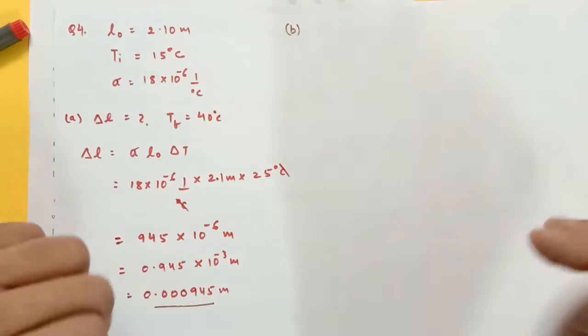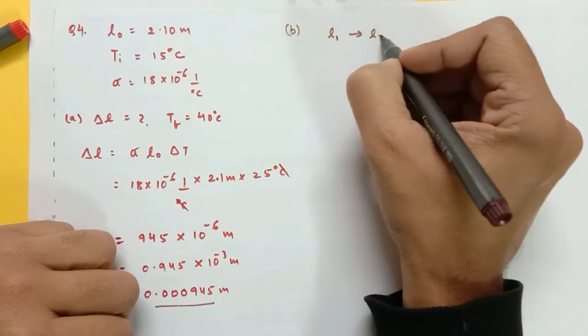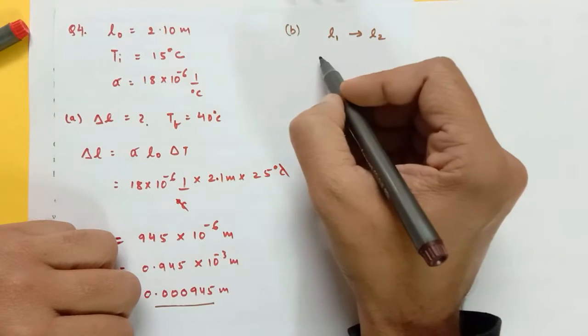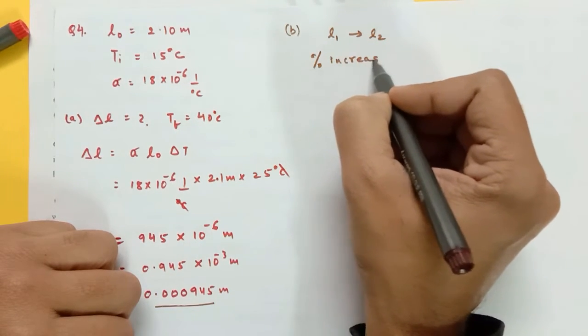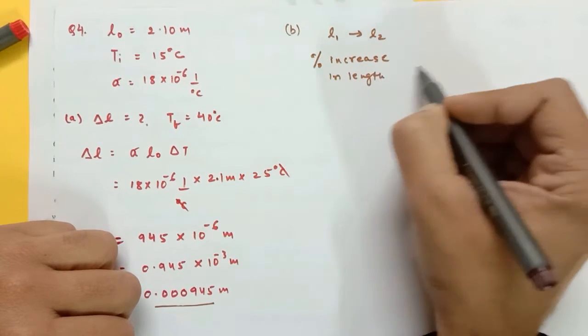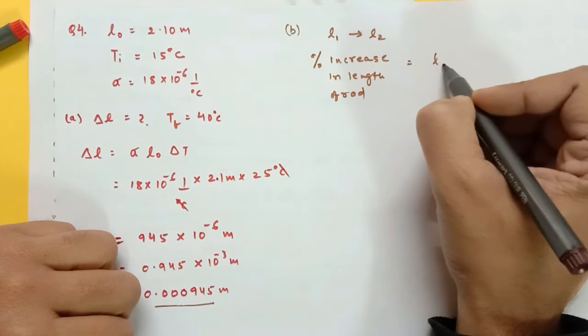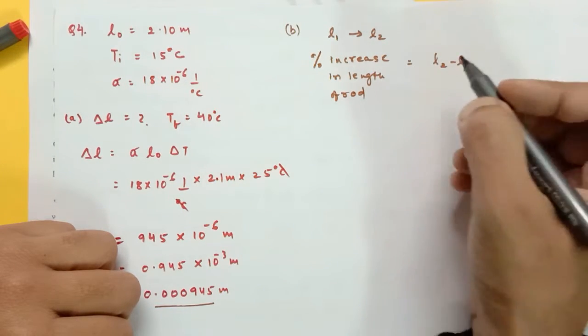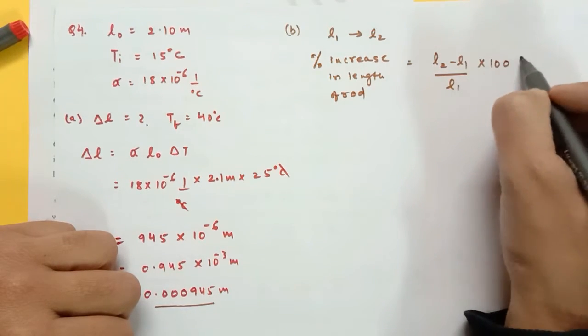Now in B part, suppose if I tell you the initial length of the rod was L1, then it increased to L2. Then if I want to find out percentage increase in length of rod, this is the formula: final length minus initial length upon initial length multiplied by 100%.